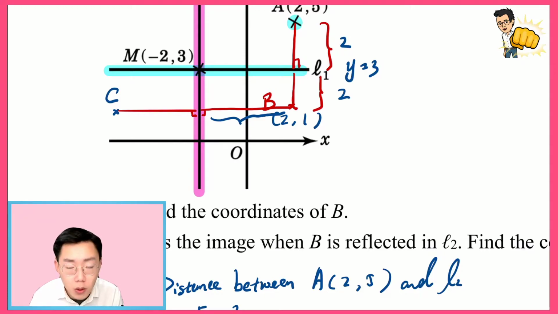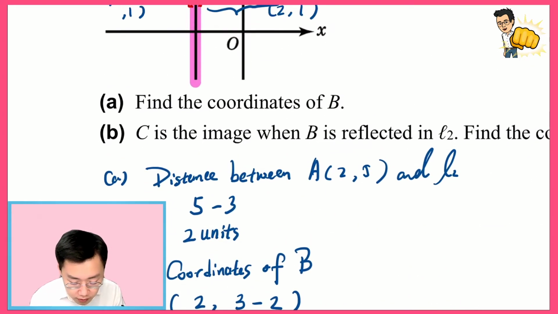So the y coordinates of point B and point C should be the same. Both these two points, the y coordinate should equal 1. And one thing has changed, that is the x coordinate.